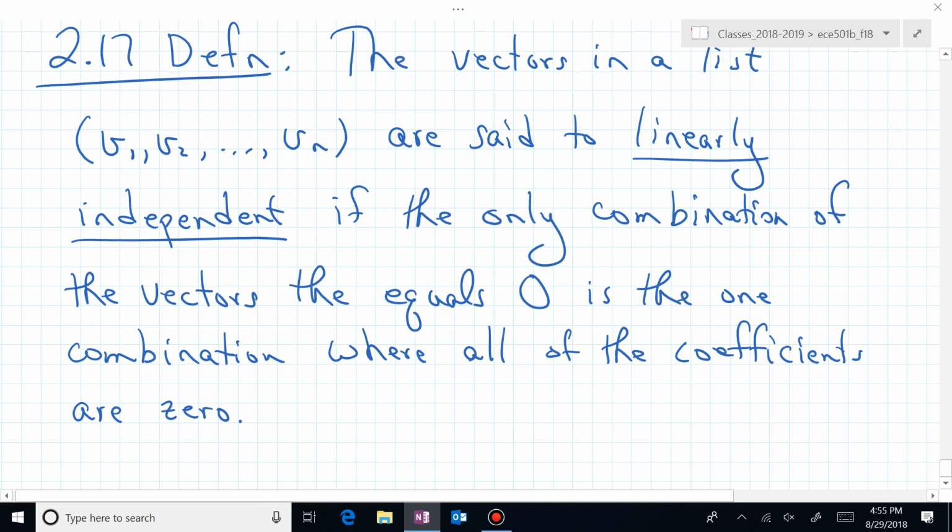You give me a list of n vectors and now say, oh, how do I linearly combine those n vectors to get the 0 vector? If the only way that I can do that is by scaling each of those vectors with the 0 scalar, then I know that those n vectors are linearly independent.